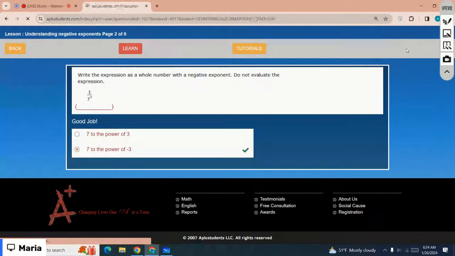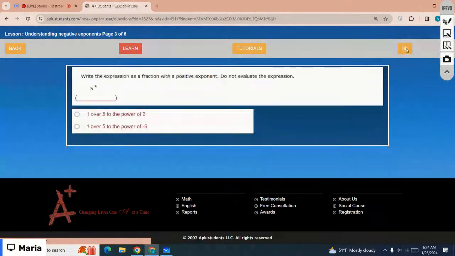The next one is write the expression as a fraction with a positive exponent. So, which is the correct option?